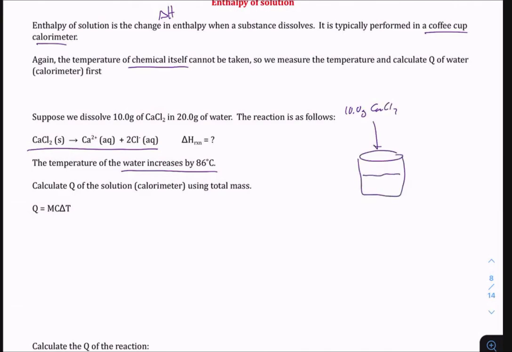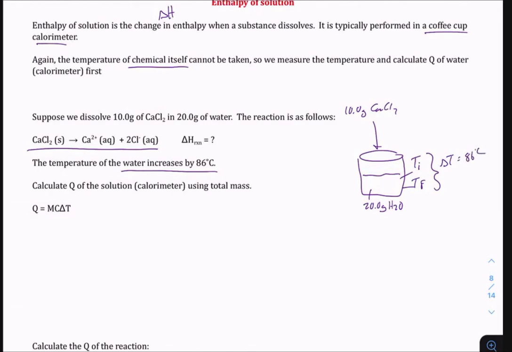We had 20 grams of water. Right, the T initial and the T final. It says the change by 80 degrees, so actually, I guess that's irrelevant. The point is the delta T was 86 degrees.